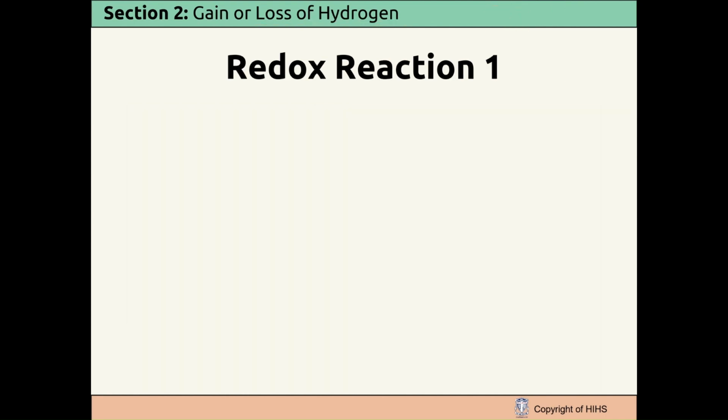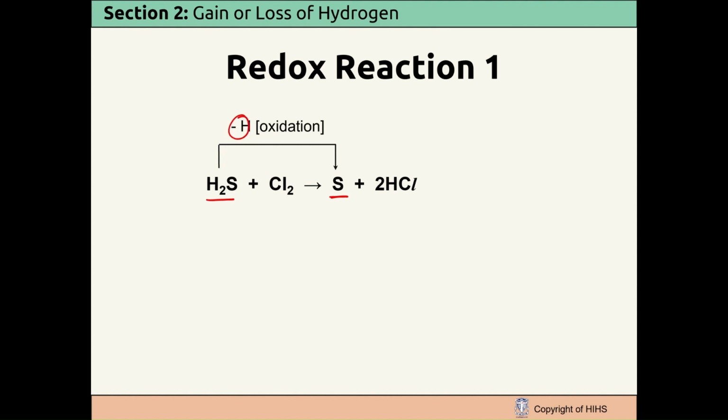Okay, so studying the gain or loss of hydrogen in redox reaction, we have your hydrogen sulfide reacting with chlorine to form sulfur and HCl. Okay, so your hydrogen sulfide to form sulfur, it loses hydrogen. So recall, losing hydrogen, this reaction is called oxidation.